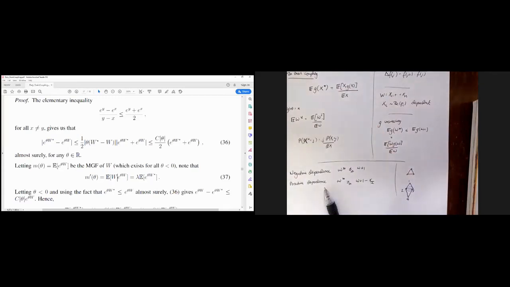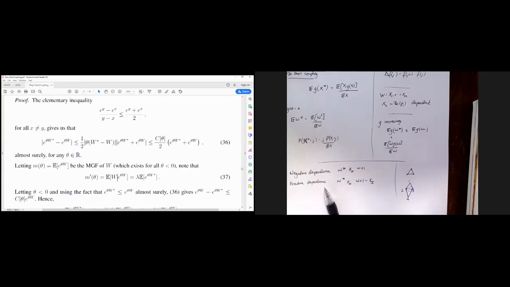the mean of W times the moment generating function of my size bias version, and I can go on to use some monotonicity, the boundedness between my size bias coupling and my original W, to be able to bound this thing.